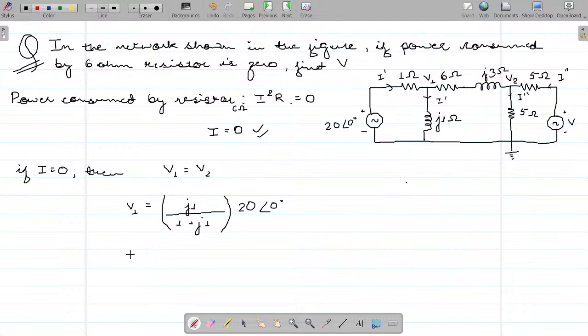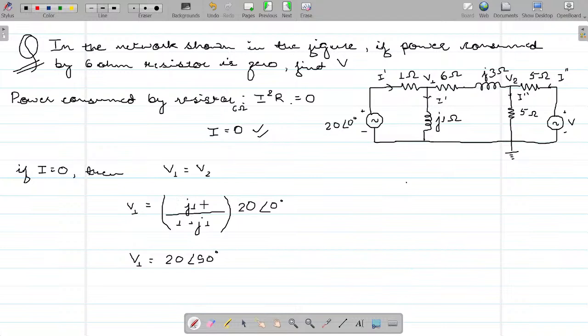I am rewriting it for you, and I hope you're clear with converting rectangular forms to polar forms. I hope that I don't have to teach you. Can I write this as 20 angle 90 degrees?